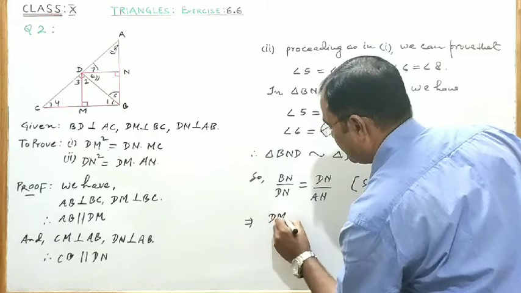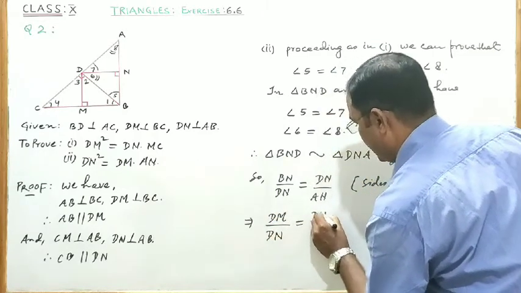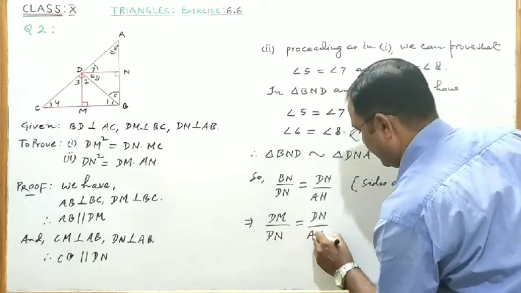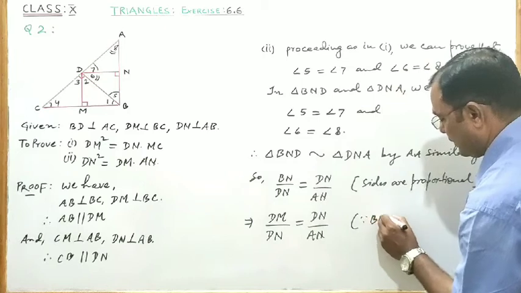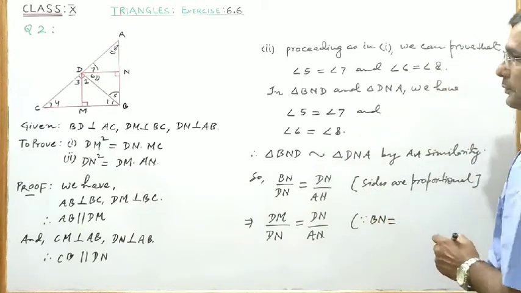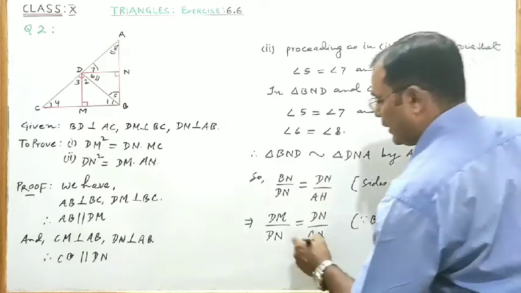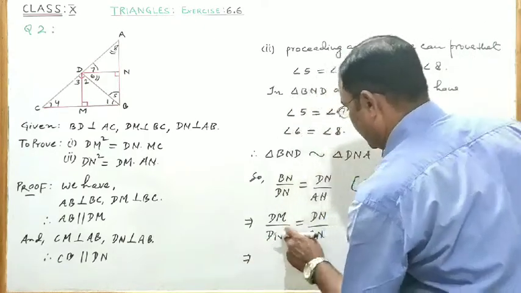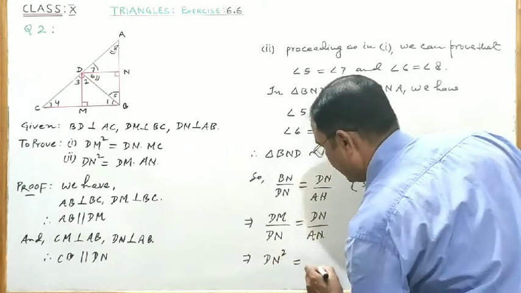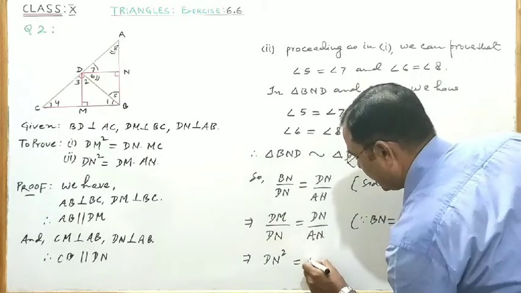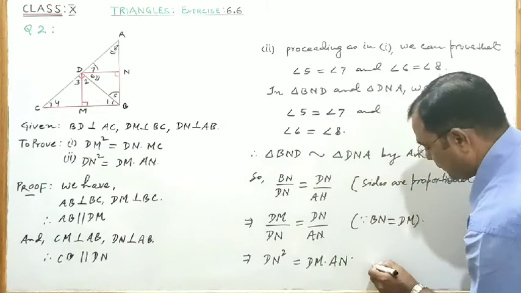So DM by DN is equal to DN by AN, because BN is equal to DM. Now cross multiply DN into DN. DN square equal to DM into AN. Hence proved.